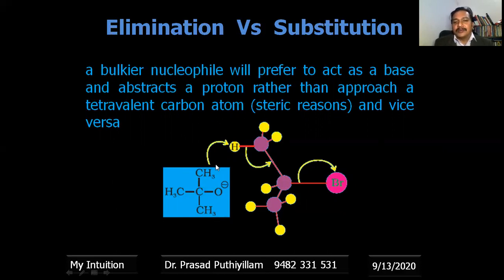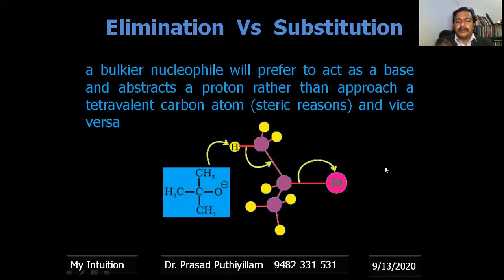The base attacks the hydrogen, the C-H bond breaks to form a double bond, then bromide goes out. In this elimination reaction it does not form a carbocation as such; an intermediate is formed, and further it releases the bromine. Therefore two molecules are participating in the rate determining step, so we call it an E2 reaction.